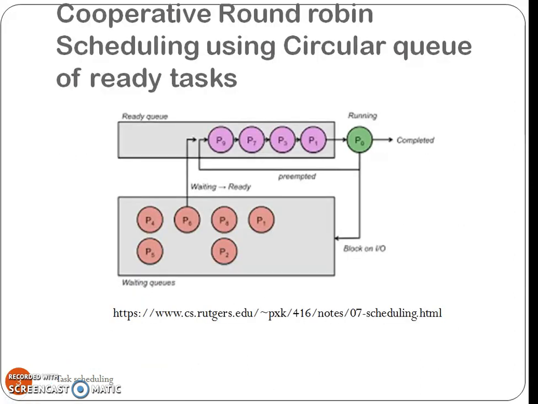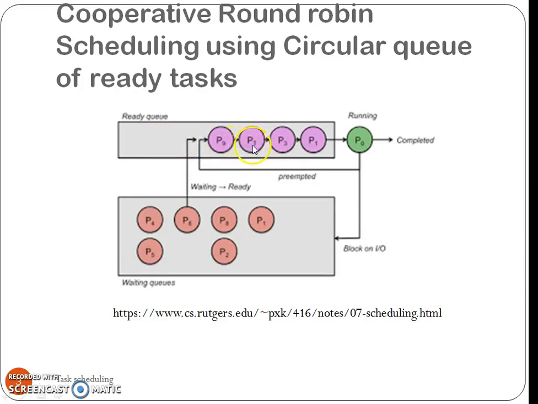So we will see here the diagram for cooperative round robin scheduling using a circular queue, which is your first algorithm, where your task will be in the wait state to collect its data. Once it is over, then it will shift to the ready to run state, where your process will be in queue.